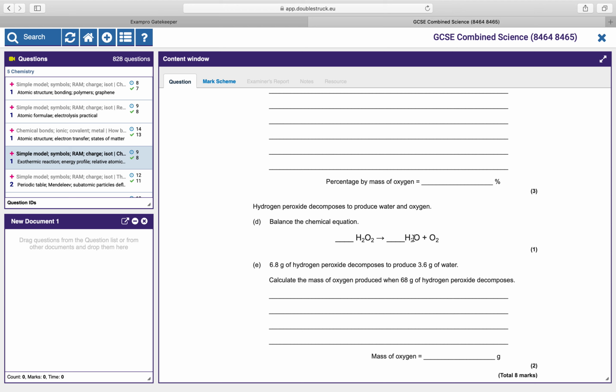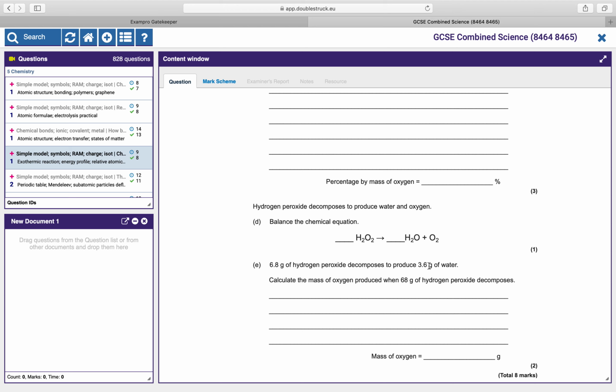Okay. So 6.8 grams of hydrogen peroxide decomposes to produce 3.6 grams of water. Calculate the mass of oxygen produced when 68 grams of hydrogen peroxide decomposes. So notice that the difference between that and that is that one's times by 10.